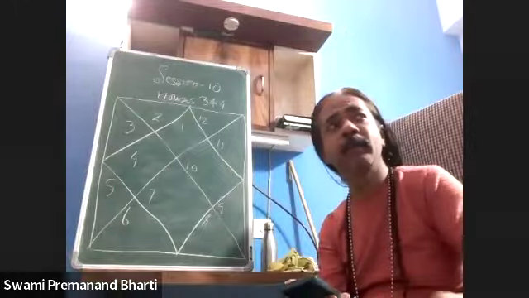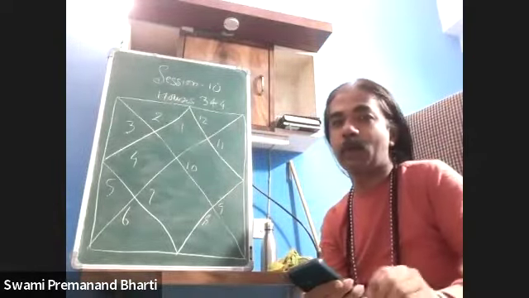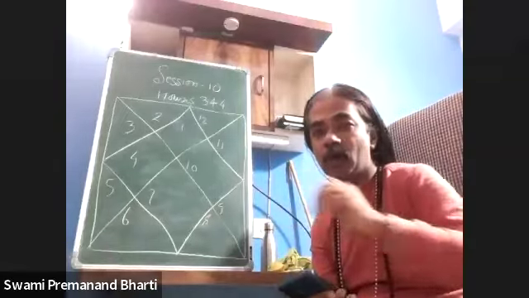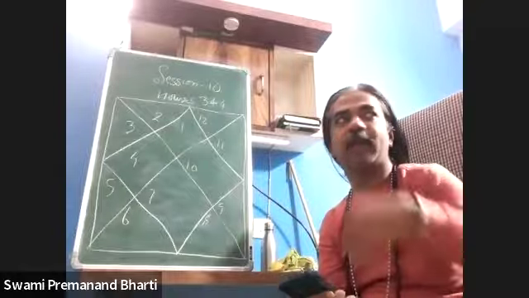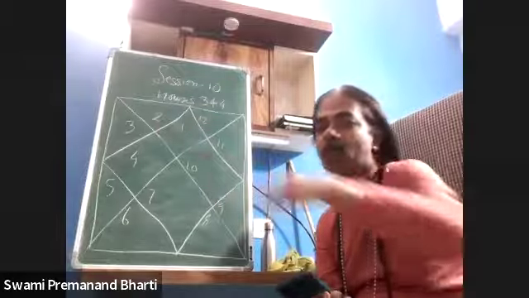Third house represents your short distance travels. Why? Because if a child starts walking, where will he go and walk at that age? At most the neighborhood, at most to the next home.